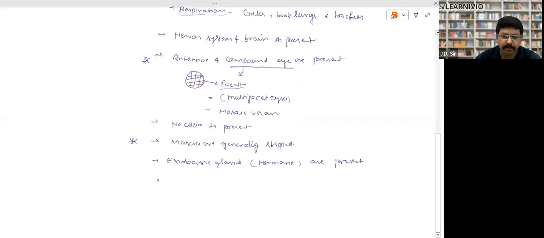I mean, male and female can be discriminated. Sexual dimorphism means that morphologically there are two types of organisms, male and female, right? Humans have sexual dimorphism. Male and female are different in shape and structure, right?